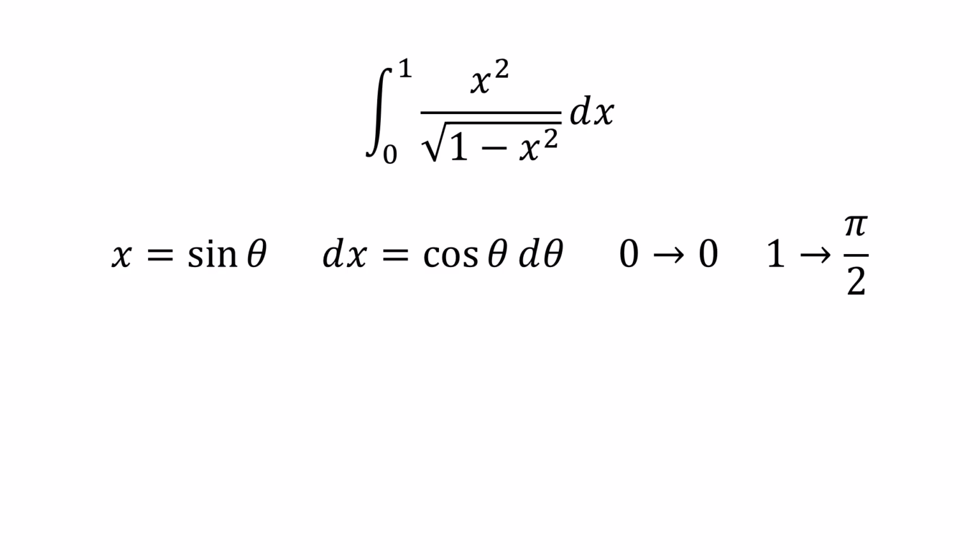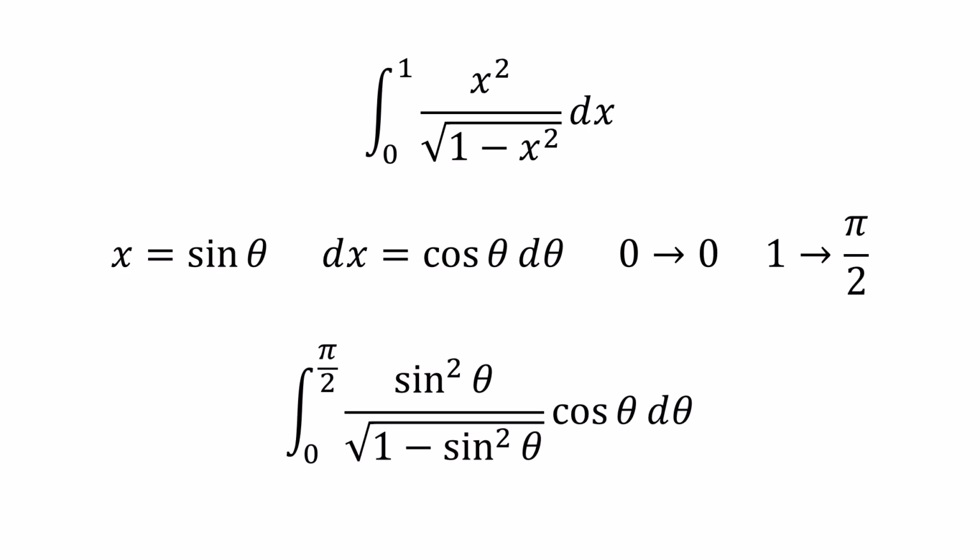Substituting into the integral then gives the integral from 0 to pi over 2 of sine squared of theta over the square root of 1 minus sine squared of theta cosine of theta d theta.